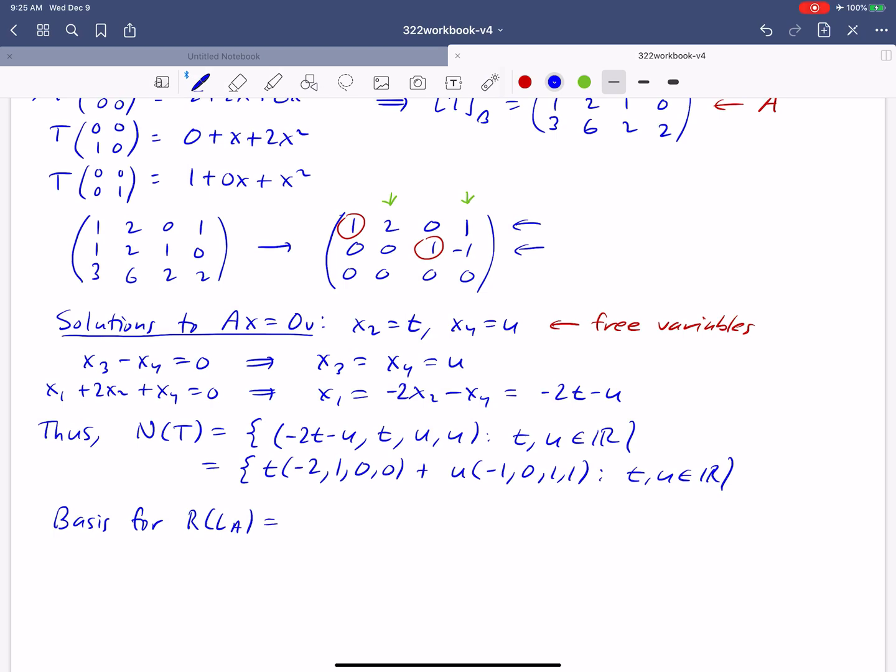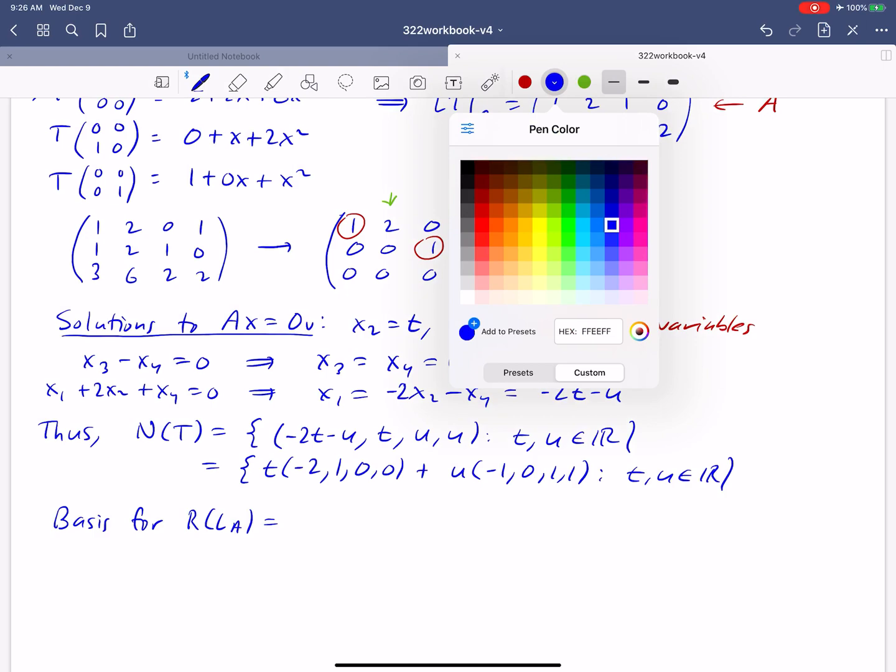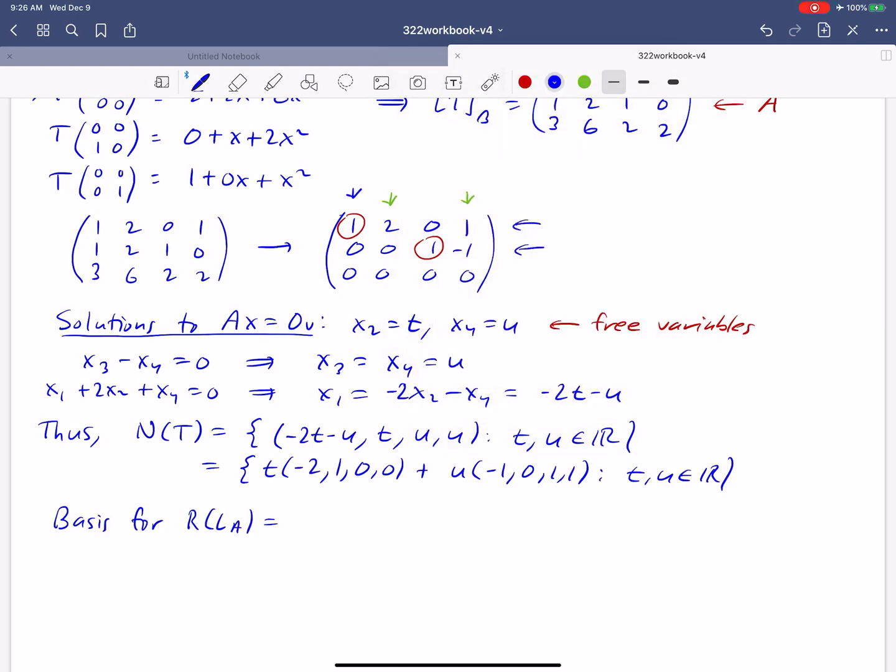For a basis for the range of L of A, what we're interested in is the pivot columns of our matrix A. Looking at our row reductions, we can see that the first and the third columns are our pivot columns, so we're interested in the first and the third column of our original matrix A. Let's write those vectors down. The first column looked like 1, 1, 3. The third column looked like 0, 1, and 2.